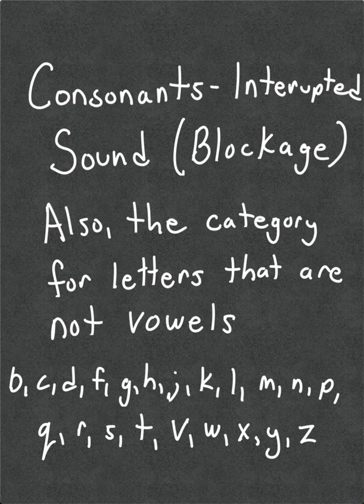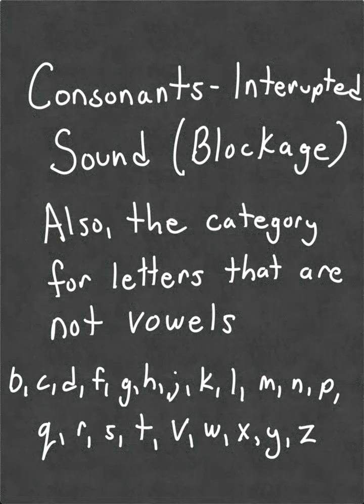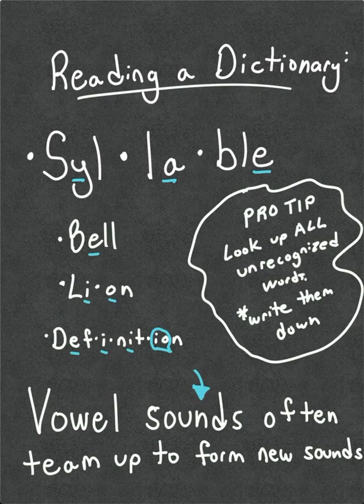Consonant, J, K, L, it's stopped. So this knowledge is really helpful when you're looking at a dictionary and the words are broken down into syllables. So consonants and vowels team up to make a sound, and then these sounds combine to make words. And that is the simplest way that I can explain it.